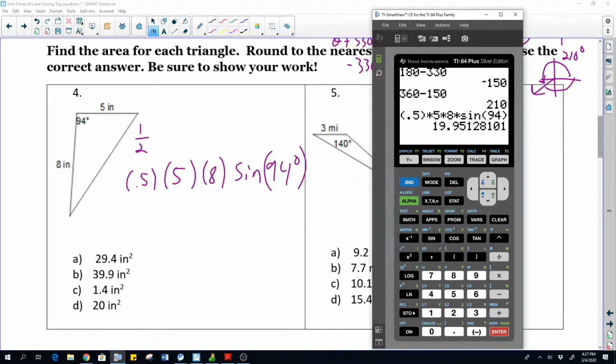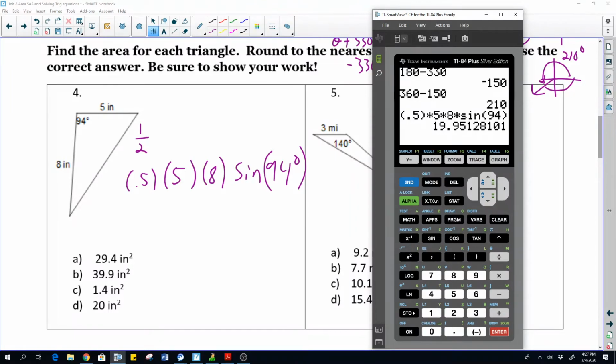So we get 19.95, which is not on our answer key. What happened? Okay, so 0.5 times our side, which is 5, times our other side, which is 8, good, and then times sine of the angle between the sides, which is 94. I feel like I did it right, but I feel like something wrong happened, and I don't know what happened.